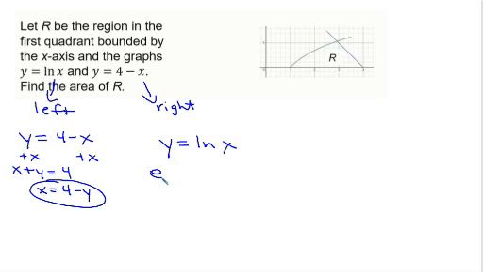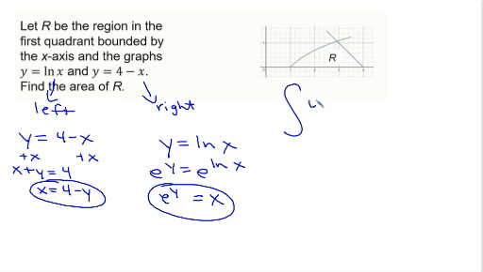I would exponentiate both sides. E to the y equals e to the natural log of x. So my x value is e to the y. And so now I know what my right and my left are. I have the integral of 4 minus y minus e to the y dy.